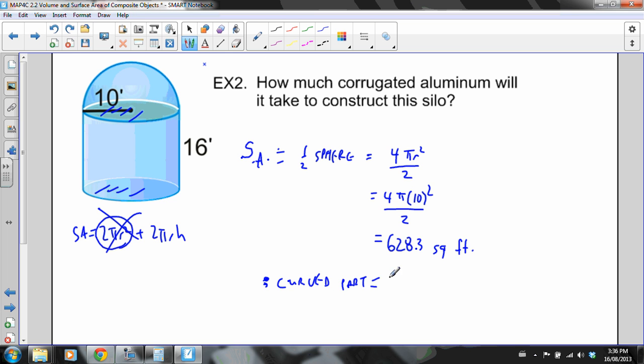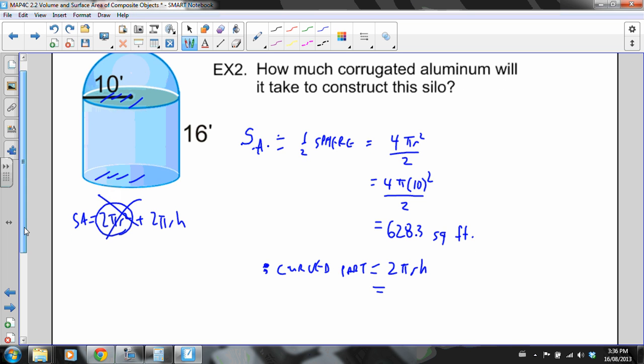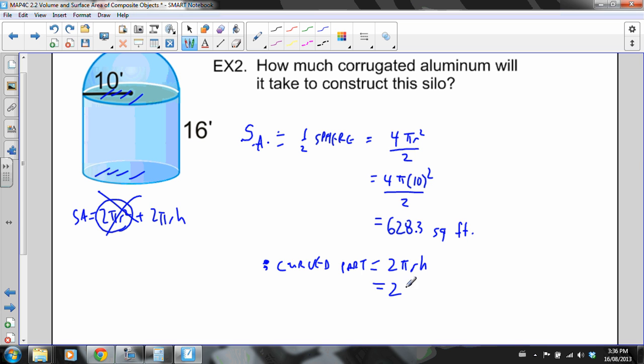It's just the 2 pi rh. And so we can sort of have a little bit of a shortcut there. 2 times pi times the radius is 10, the height's 16. Into a calculator we go again, and we get about 1,005.3 square feet. And then total, add them up.